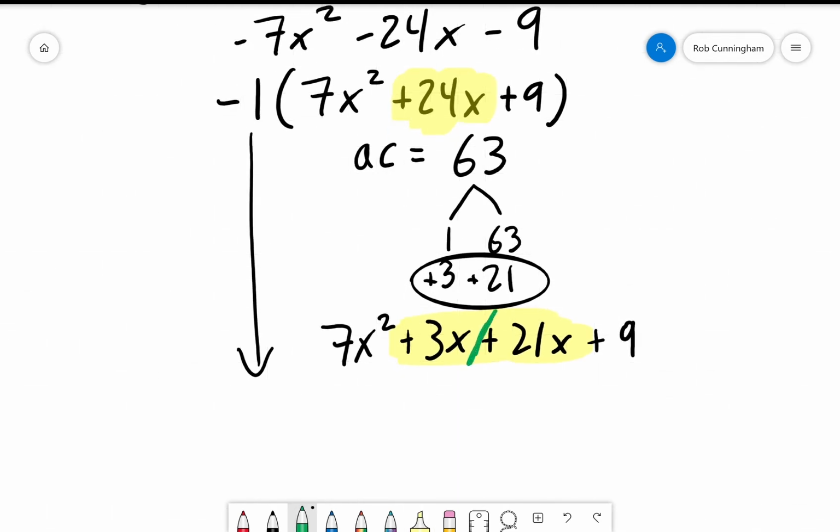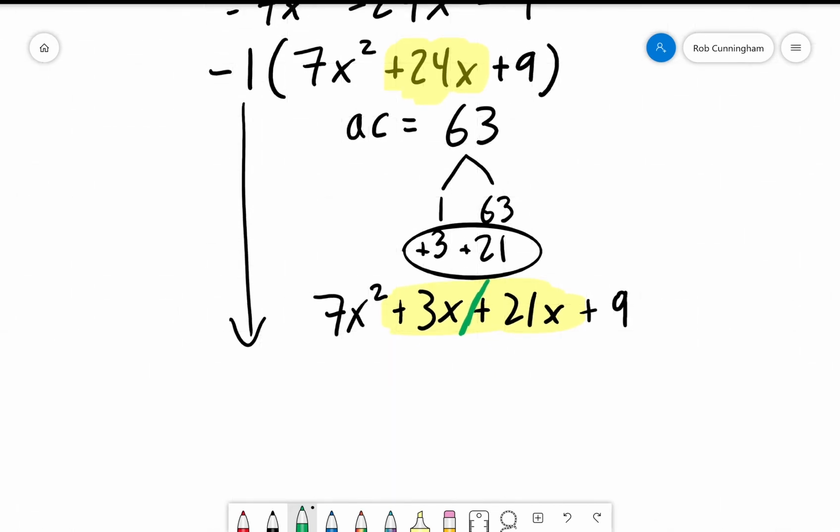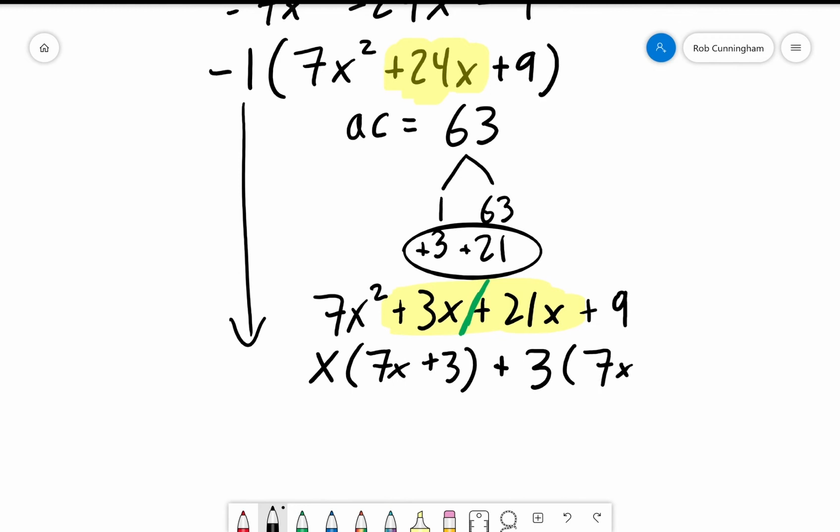So now I'm going to do what I did before. I'm going to cut this in half, and I'm going to factor out x from the first pair. 7x squared divided by x is 7x. 3x divided by x is 3. On the other side, looks like all I can take out is a 3. 21x divided by 3 is 7x. 9 divided by 3 is 3.